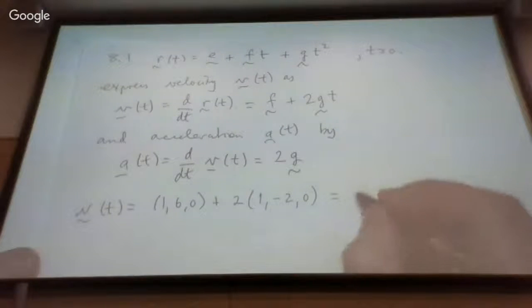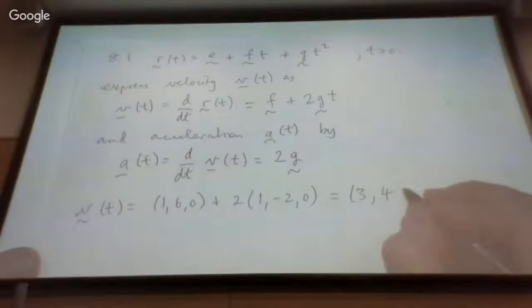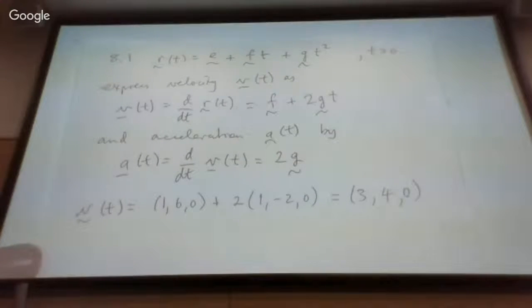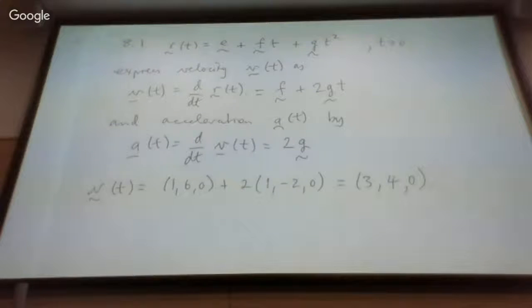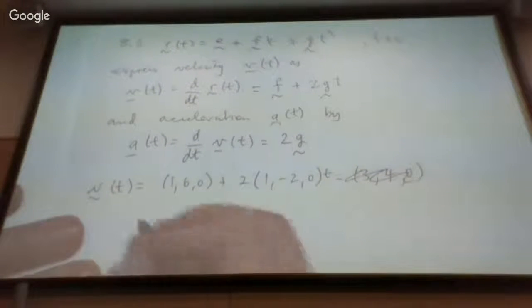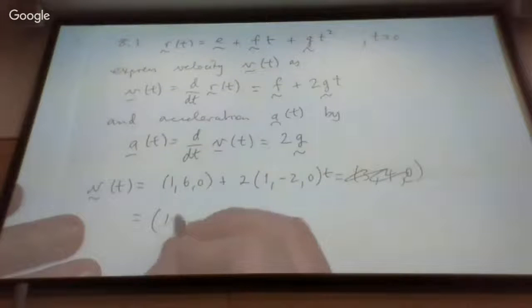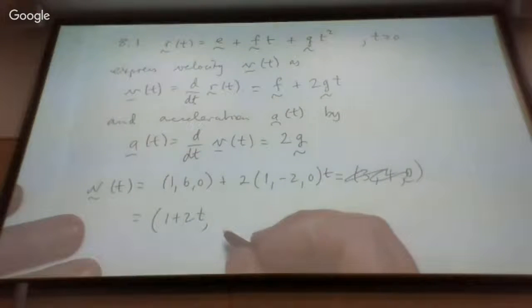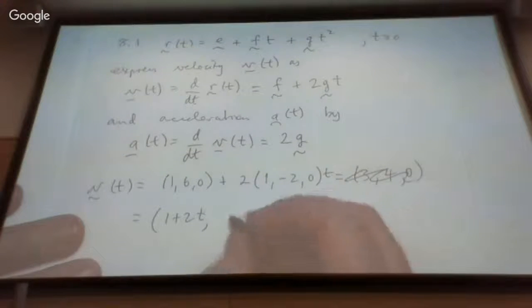So this is going to be 1 plus 2 is 3, 6 minus 2, 4, 0. Sorry, there's a t here. Sorry, this is 1 plus 2t is the first component here. 6 minus 4t.